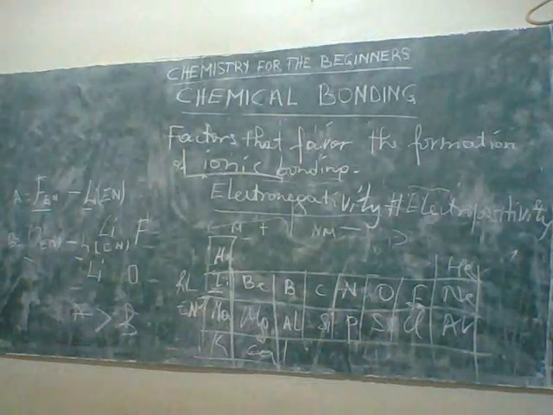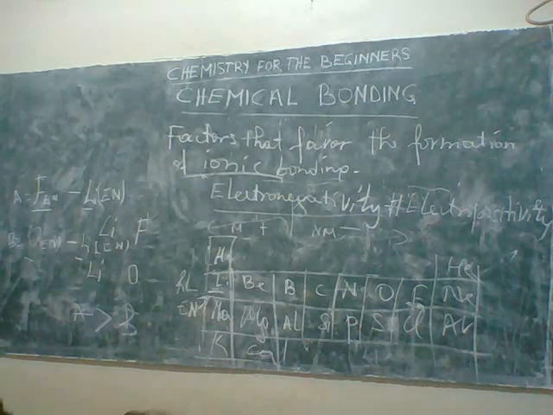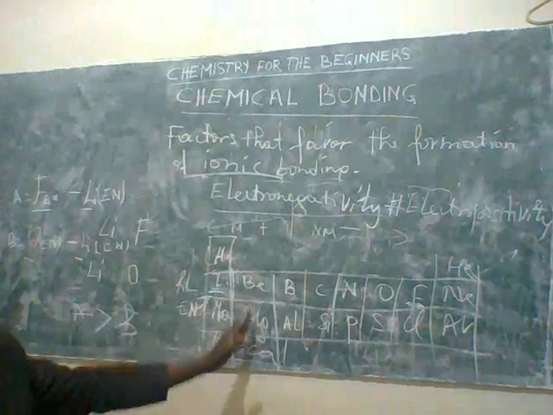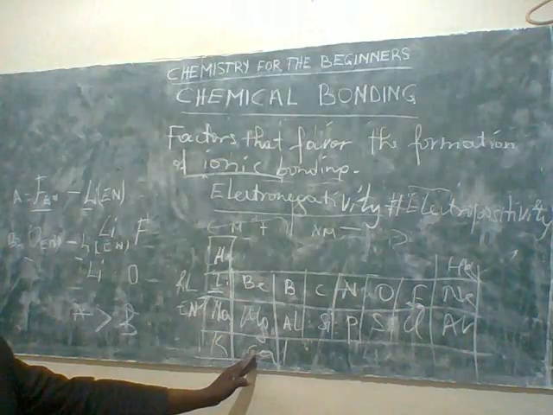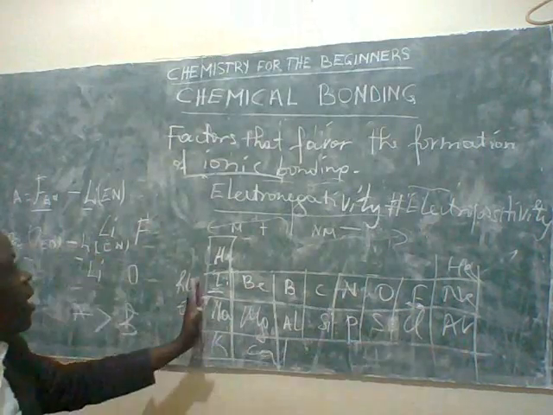So, these ones, they are more ionic than one formed in group 2. Group 2, in this group 2 and this group.